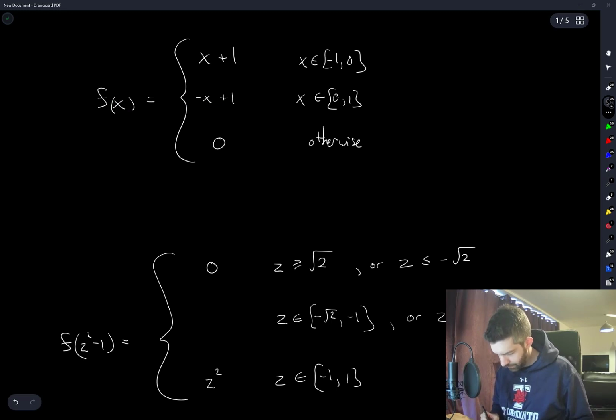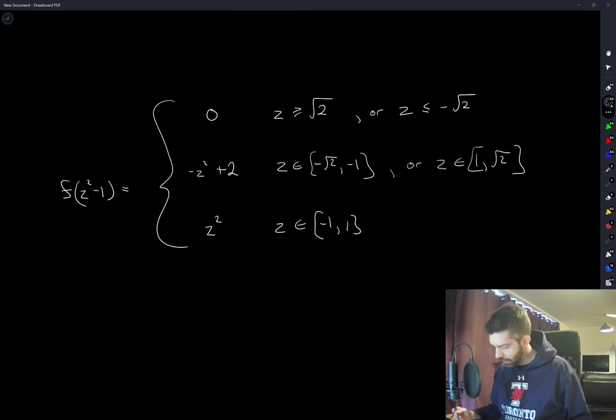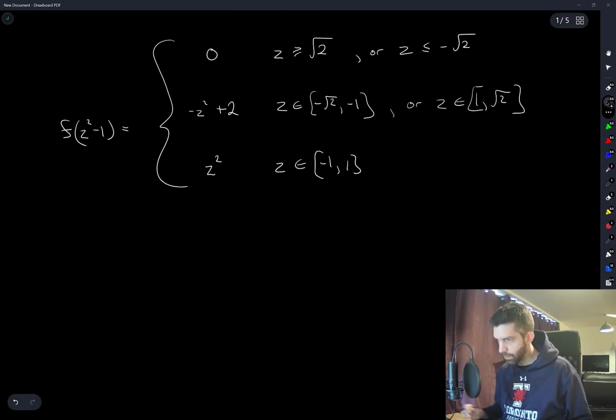So I'm going to take this argument, z squared minus 1, multiply it by -1 and then add 1. So this plus 1 becomes a plus 2. And that's our function.